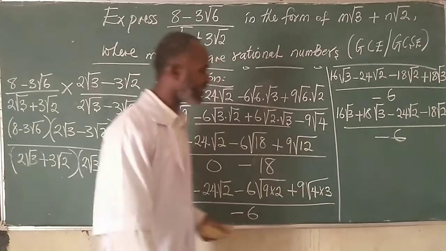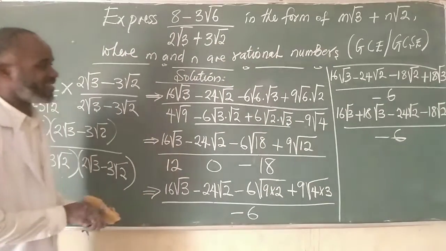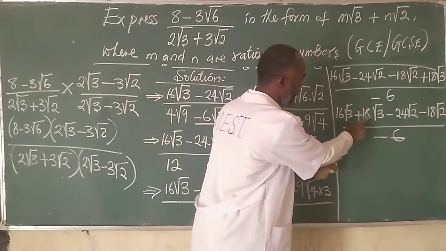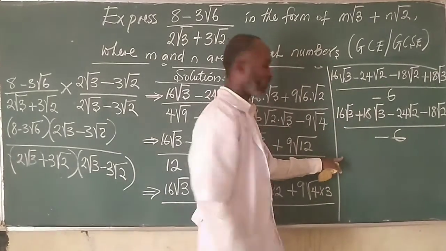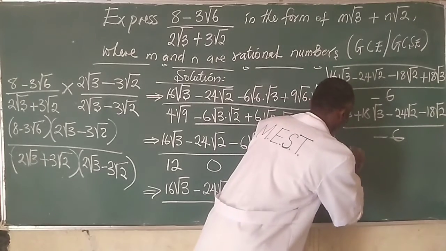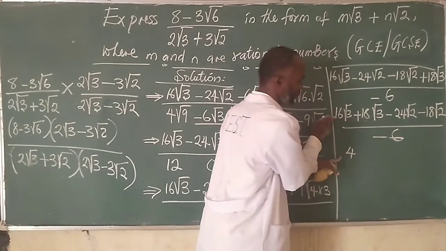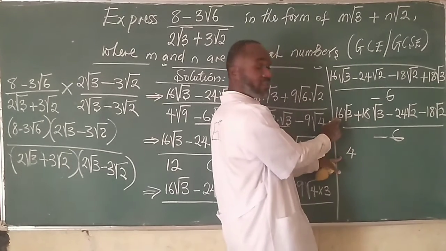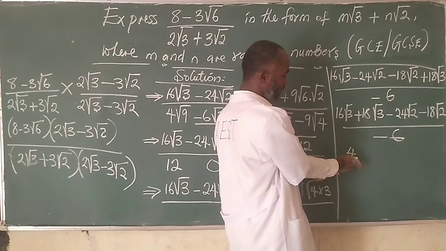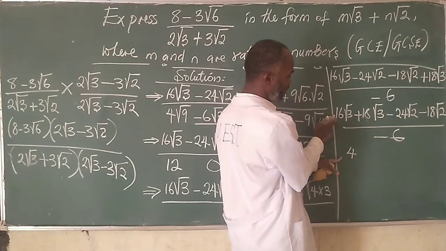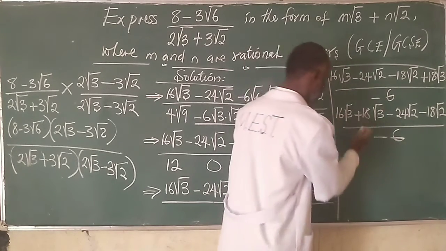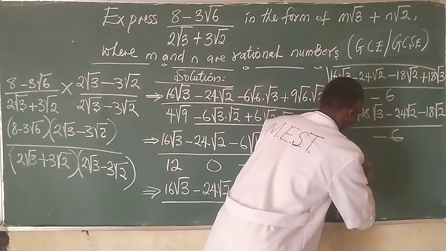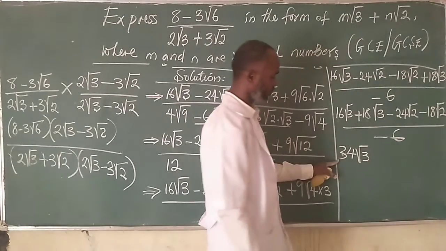We continue to maintain it. This is interesting. Okay? So let's see if that is the case. It means that 18 plus 16. Of course, you know 8 plus 6 is 14, so we write 4. Carry 1. Put here, that's 2 plus 1, that is going to be 3. So we have 34 square root 3, right?